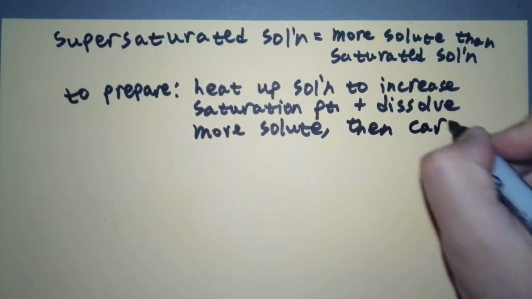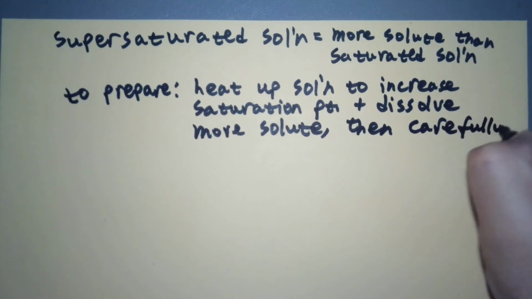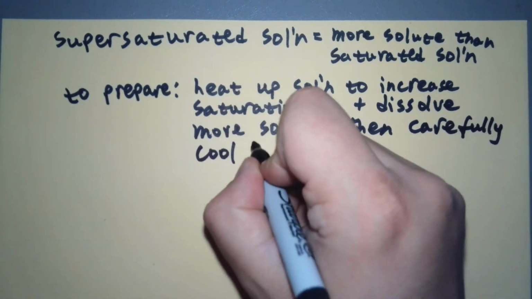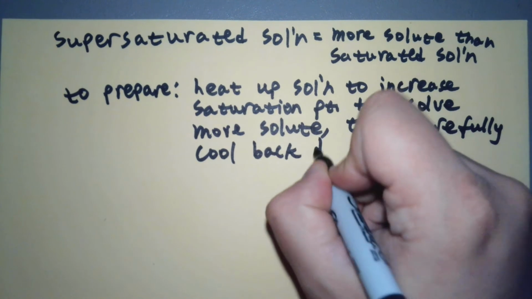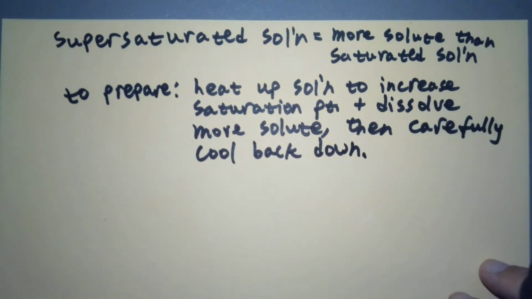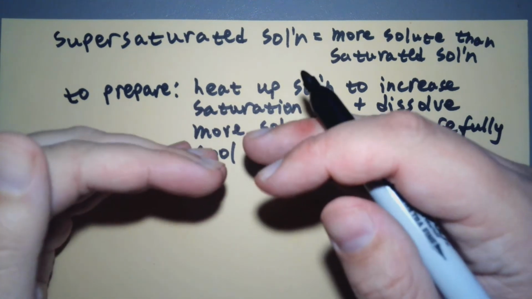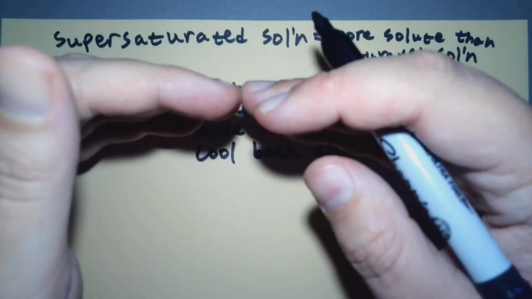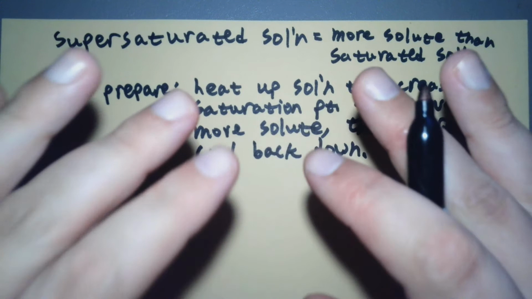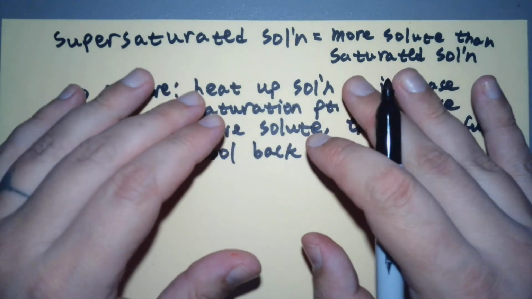Then carefully cool back down. Okay? And that's important. So you get it hot, you increase the solubility, you get everything dissolved, and then you slowly cool it back down, and it stays dissolved.